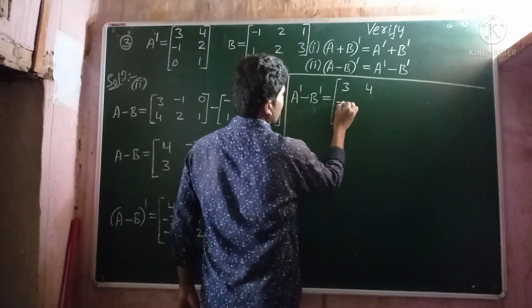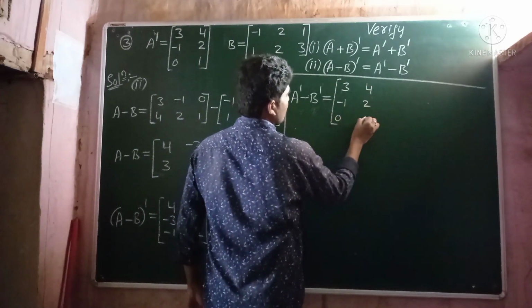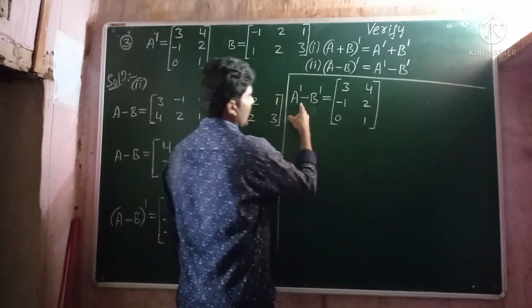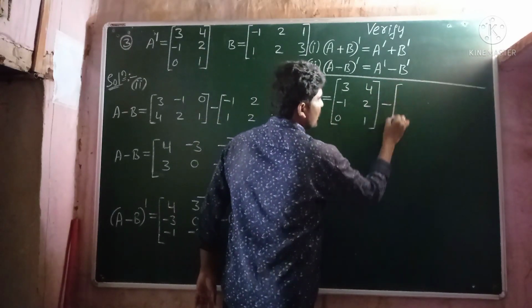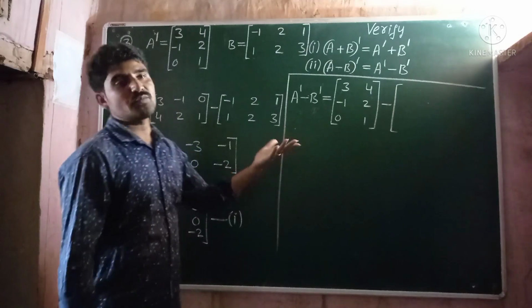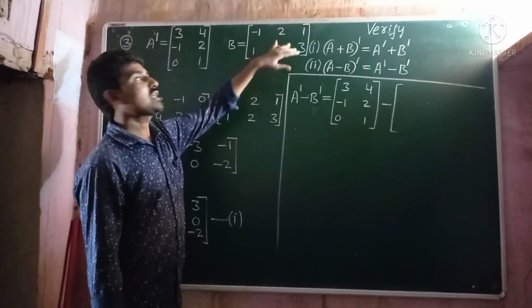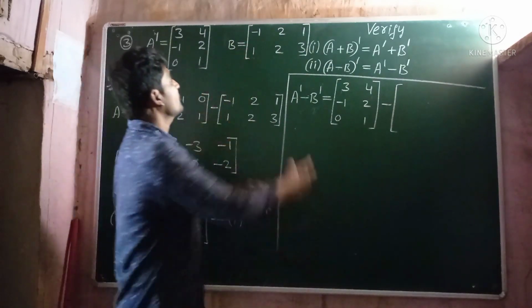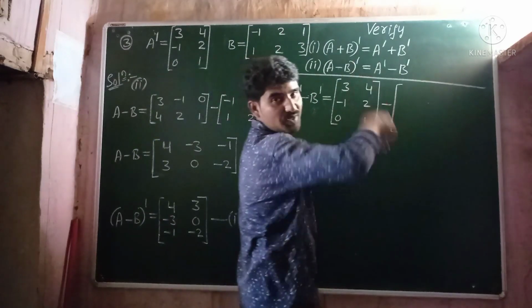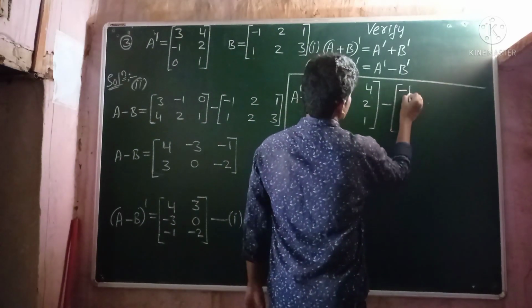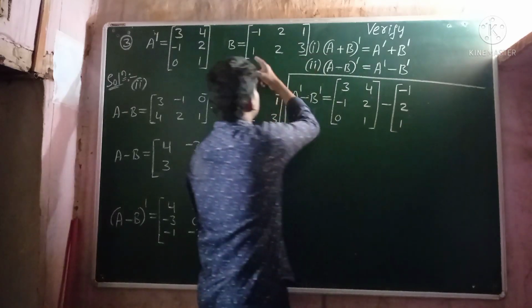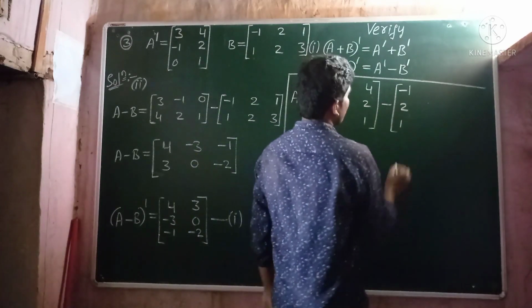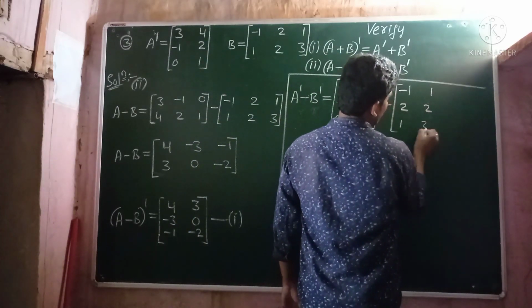Minus, the B dash matrix is obtained by interchanging rows and columns of the matrix B. Therefore, minus 1, 2, 1, first row becomes first column, second row becomes second column, 1, 2, 3.